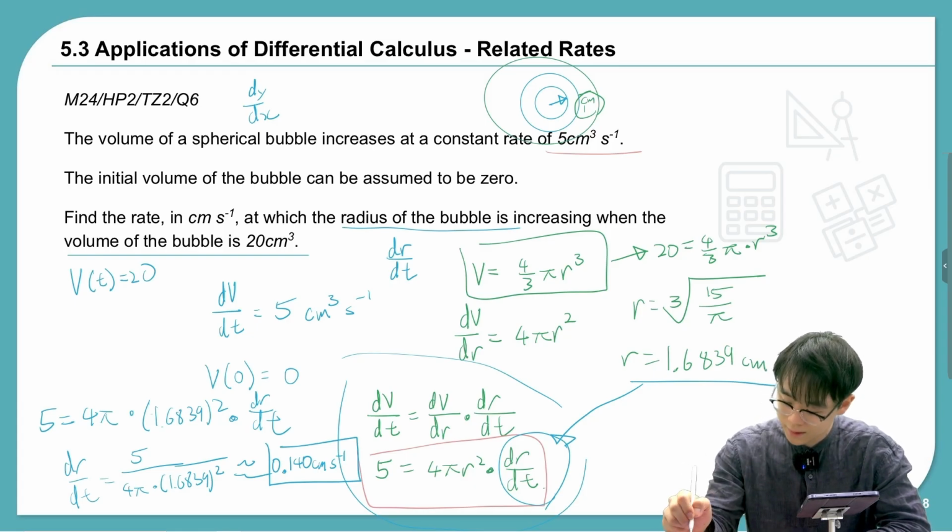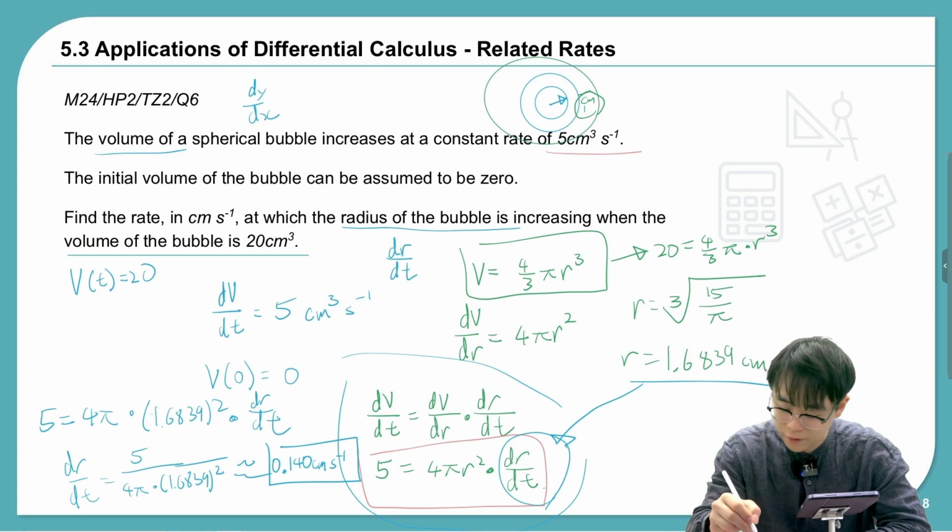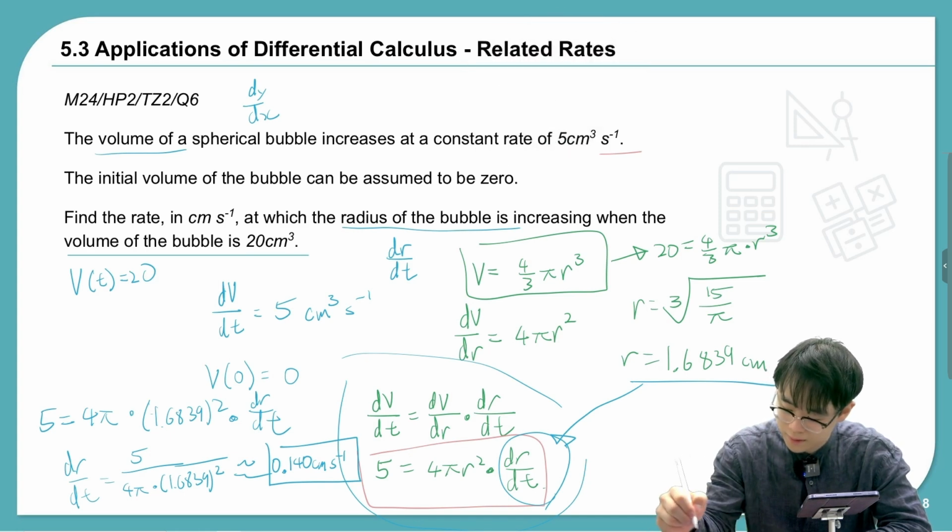What you notice is that the radius doesn't really grow at a constant rate. The volume may, but if you have a sphere, earlier on when the sphere is small, with the same increase in volume, the radius would grow at quite a quick pace. Say the radius increases by 1 centimeter.